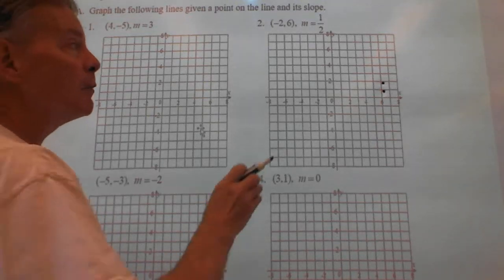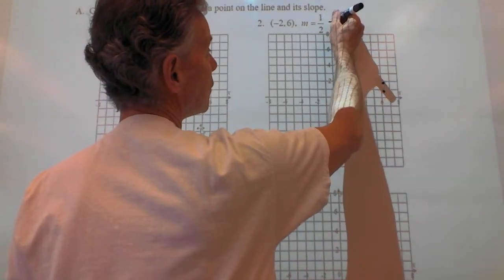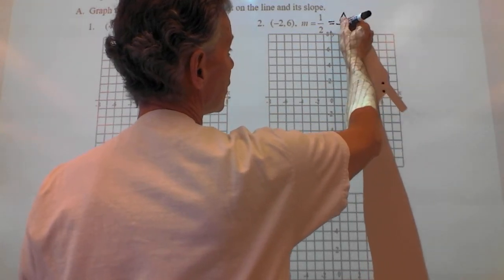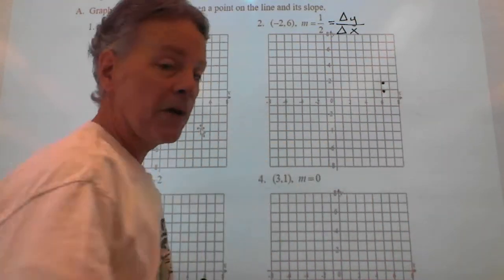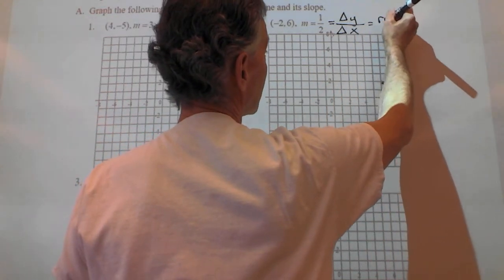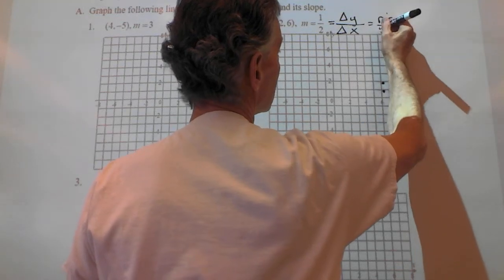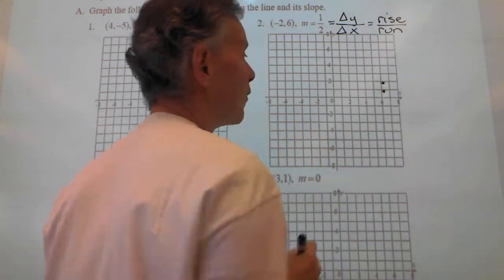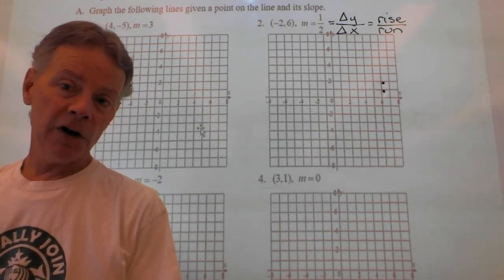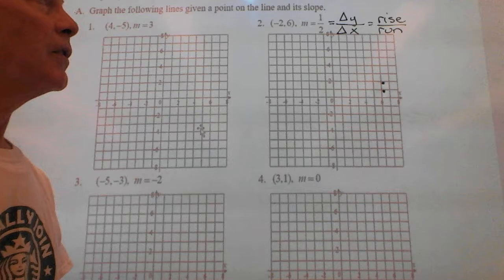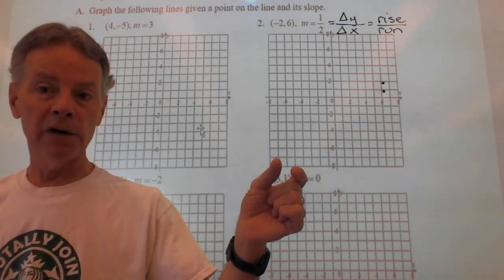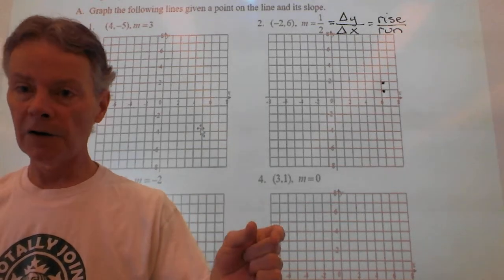So, remember we said that slope can be thought of as the change in y values over the change in x values, or rise over run. Okay? Well, you can think of that as a set of instructions. And that set of instructions is telling you how to get to a second point if you're given another point.